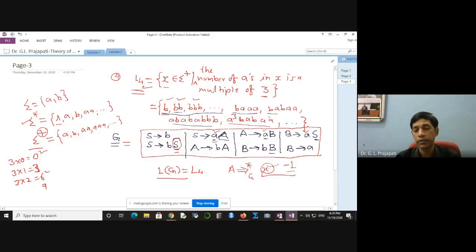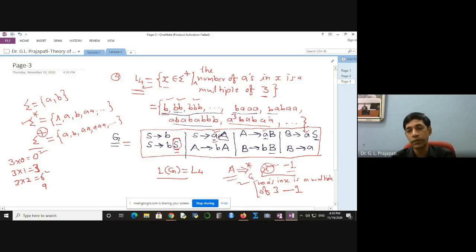So the number of a's in x is a multiple of 3 minus 1. So this non-terminal A is responsible for this kind of strings. And once this non-terminal generates the string, you have one more A, and your original problem, that the number of A's is a multiple of 3, is complete.